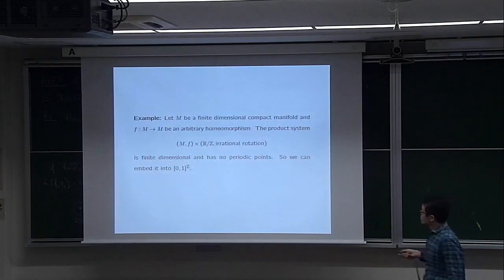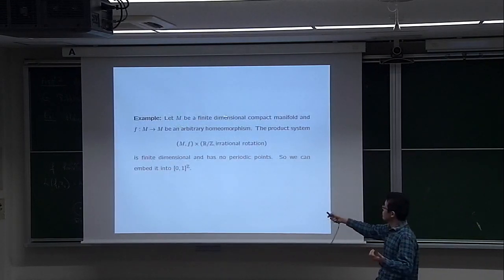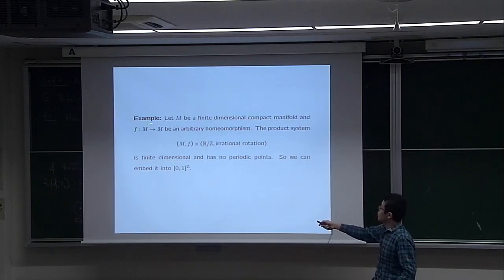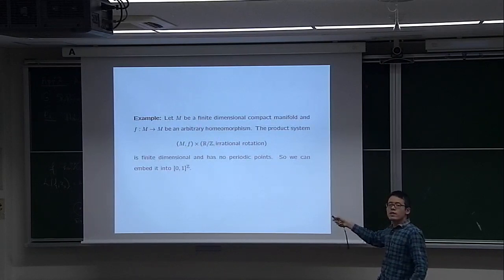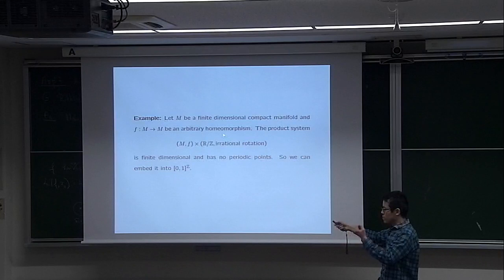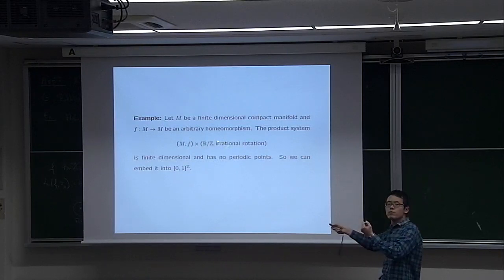For example, consider an arbitrary finite dimensional compact manifold M and consider an arbitrary homeomorphism F. And take the product system, M and irrational rotation. Then if we multiply by an irrational rotation, this product system has no periodic point.